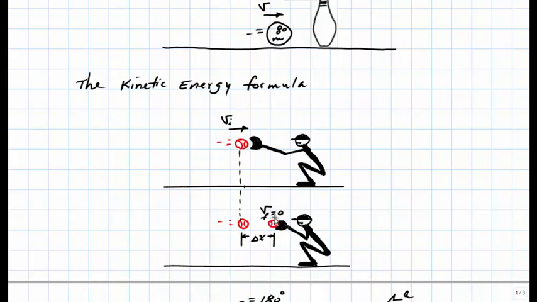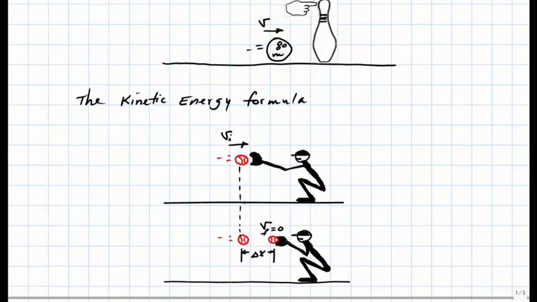Its final velocity was 0. That means it ended up with 0 kinetic energy. This illustrates the Work-Energy Theorem, which again states that when the catcher does work onto the ball, that ball's kinetic energy will change. In this case, it went from a high kinetic energy to zero kinetic energy.